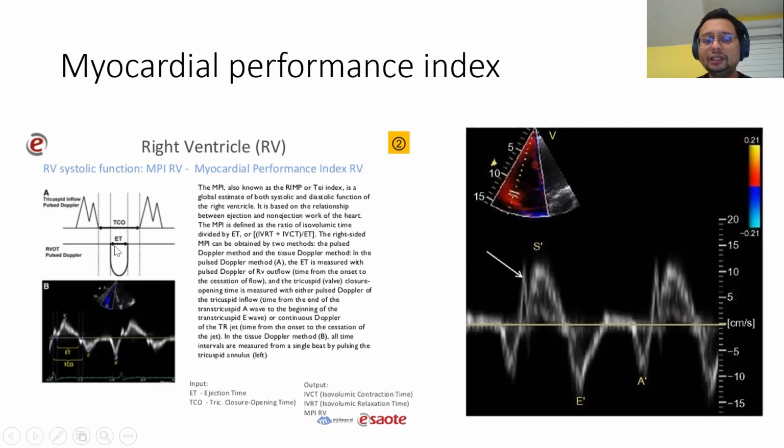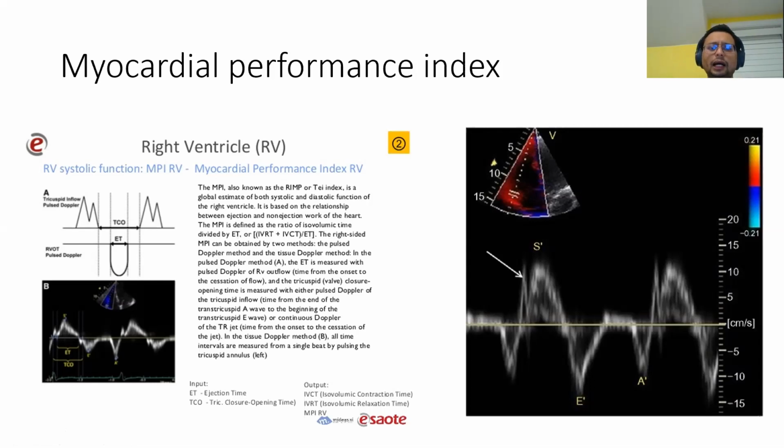So this time here minus this time here is isovolumetric contraction plus ejection time. So TCO minus ejection time over ejection time is the T index using pulse wave Doppler, and for that the abnormal value is more than 0.43.